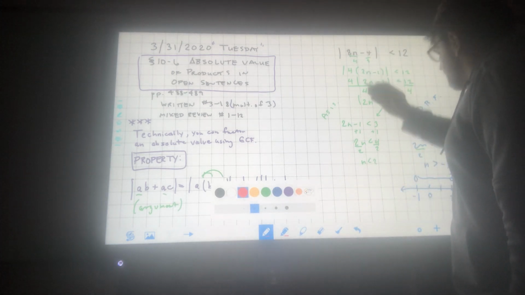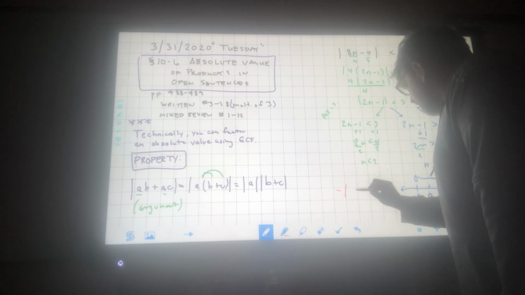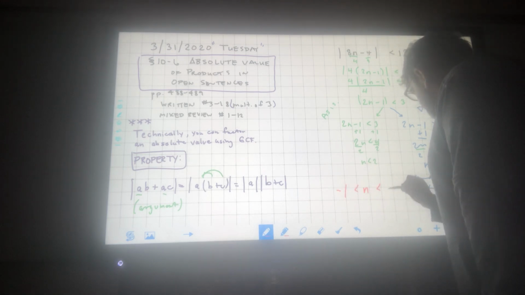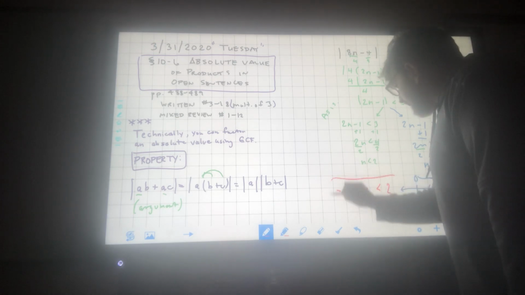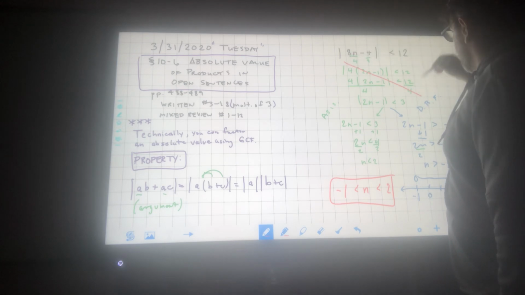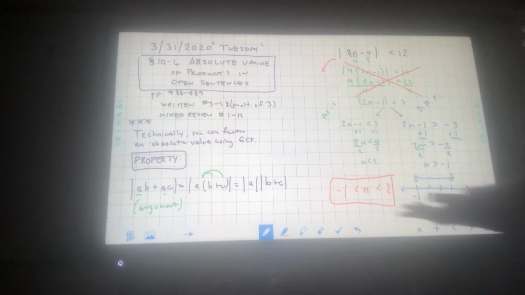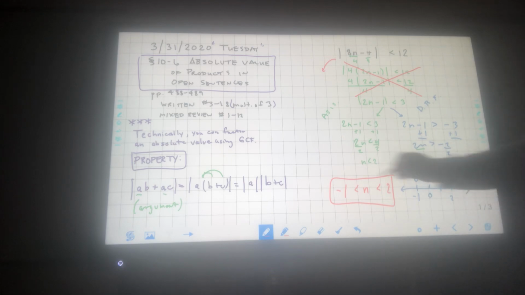So the answer to this example is negative 1 is strictly less than n is strictly less than 2. That's the answer. If you didn't do any of this stuff and just went right from here, you would have still gotten that same answer. So I just think this is what they're trying to show you. If you don't like it, I would really not worry about it. Okay? So that's the end of the new stuff.